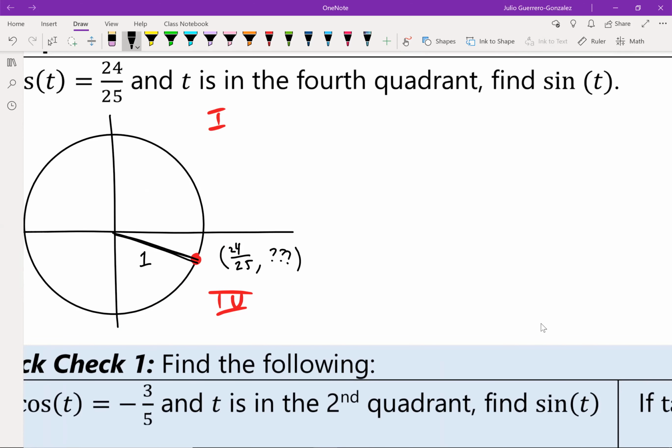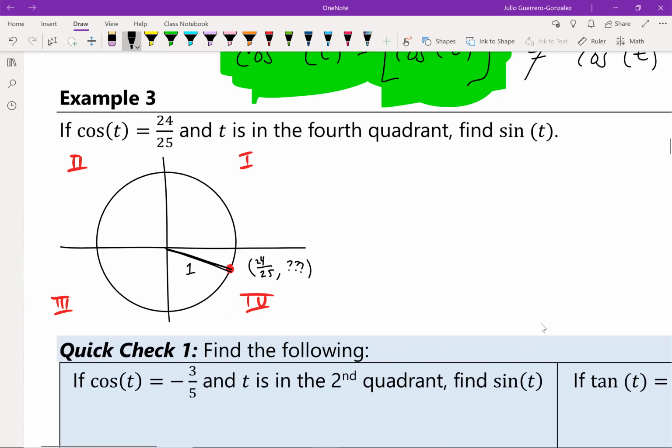We now use the Pythagorean theorem to find the rest. So we know 24 over 25 squared plus, let's give this thing a side, let's say this is b, b squared is equal to my hypotenuse squared, which is 1 squared.